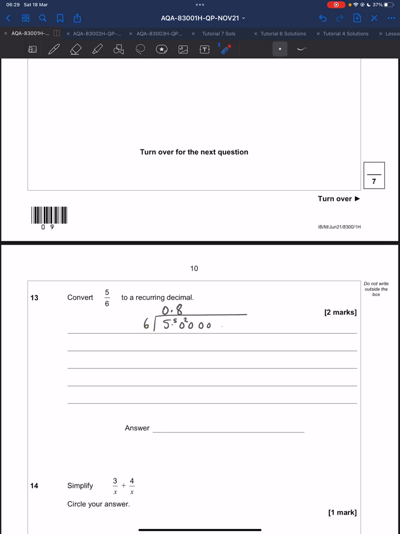And then we've got 6 into 20, which is 3 remainder 2. 6 8s are 48, so that's why it's 50 remainder 2. 6 3s are 18, so that's why it's 3 remainder 2. And look, we're now stuck in a loop of remainder 2, so it's going to be 0.83 recurring.